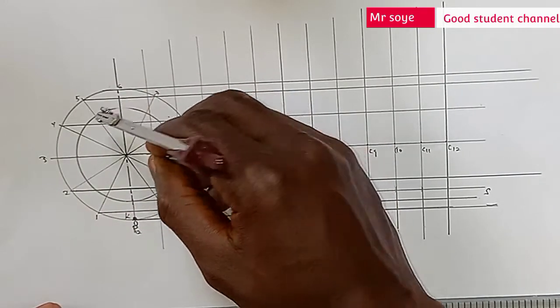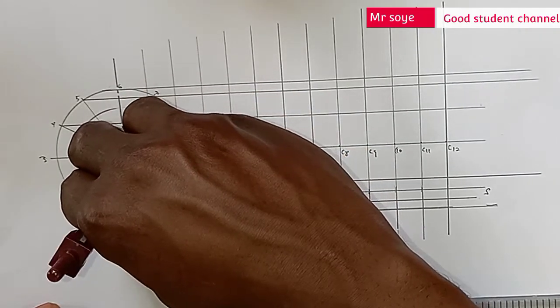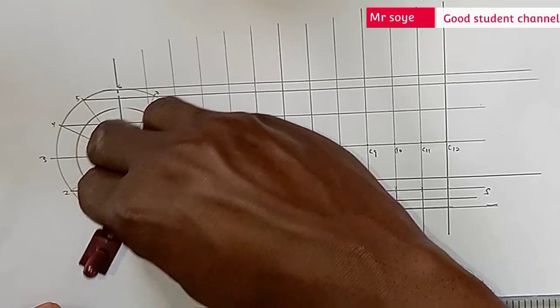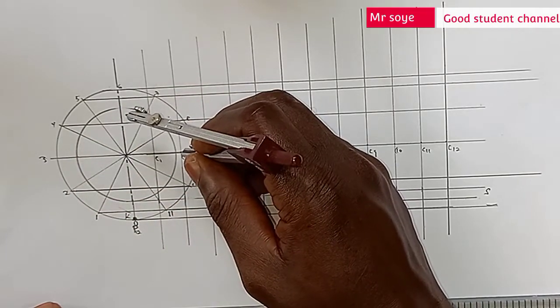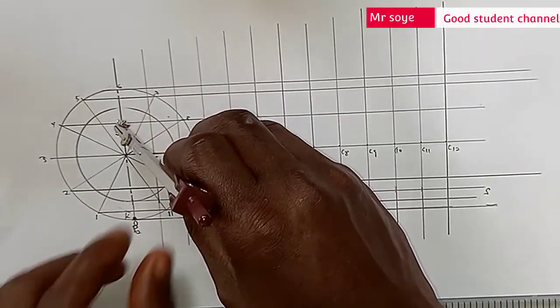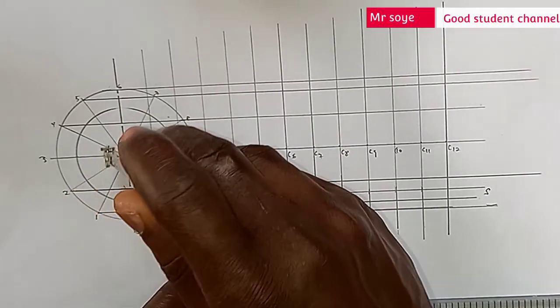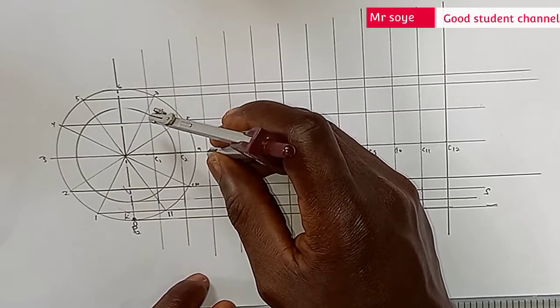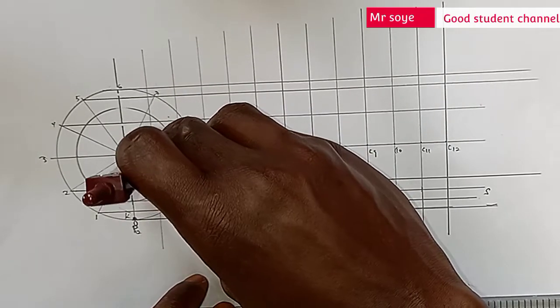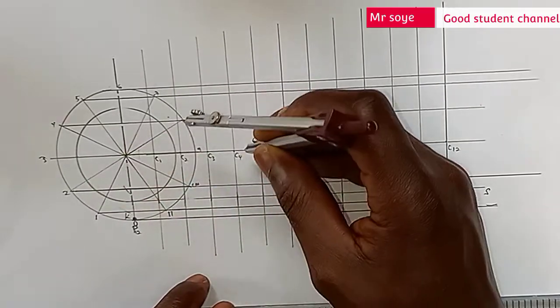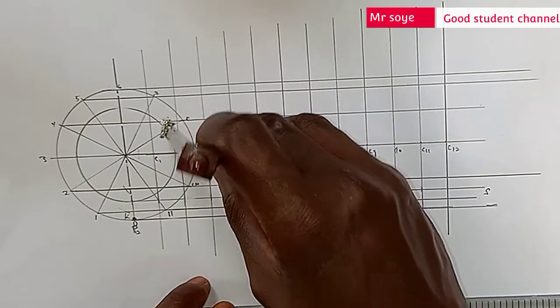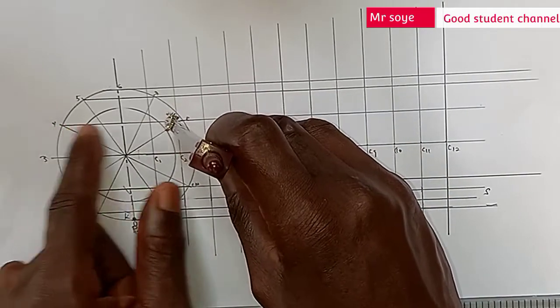Now put it at center 1. Mark line 1. That's the horizontal line. Put it at center 2. Mark line 2. This is line 2. Put it at center 3. Mark line 3. At center 4. Mark line 4. Can you see?